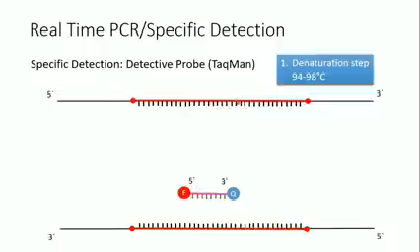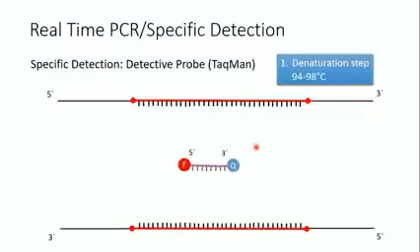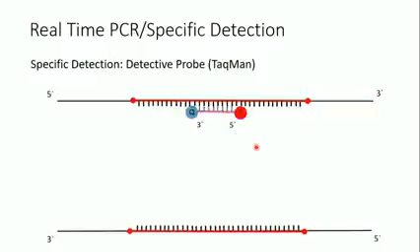So this will recognize the sequence, and then the detector or the probe will bind to our DNA strand or to our DNA sequence, because this is specific. The probe is directly complementary to our DNA, so it will bind to it.